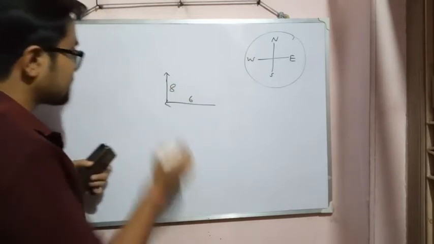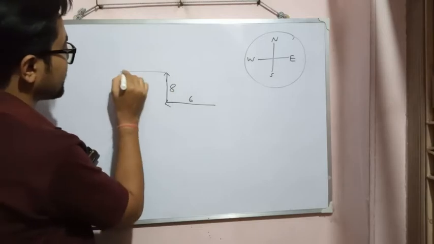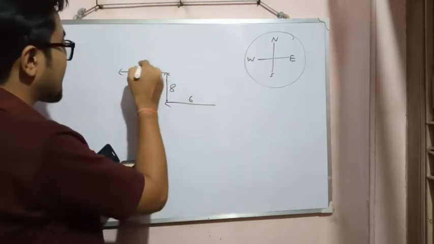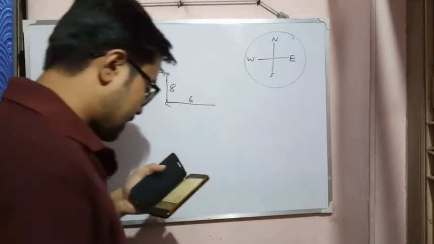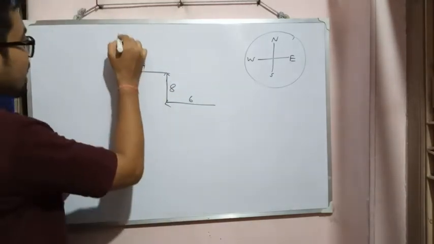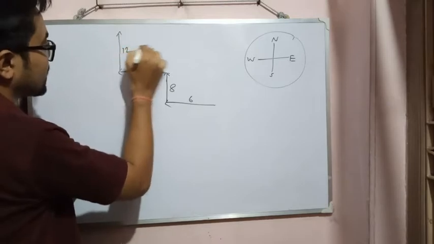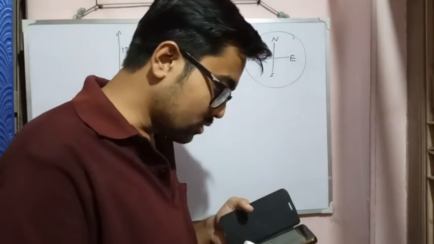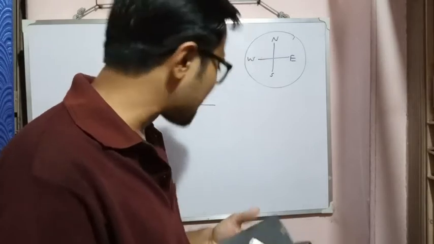And he turned to his left and walked 9 km. And then he turned to his right and moves 12 km. Clear? Now in which direction is he from the starting point?